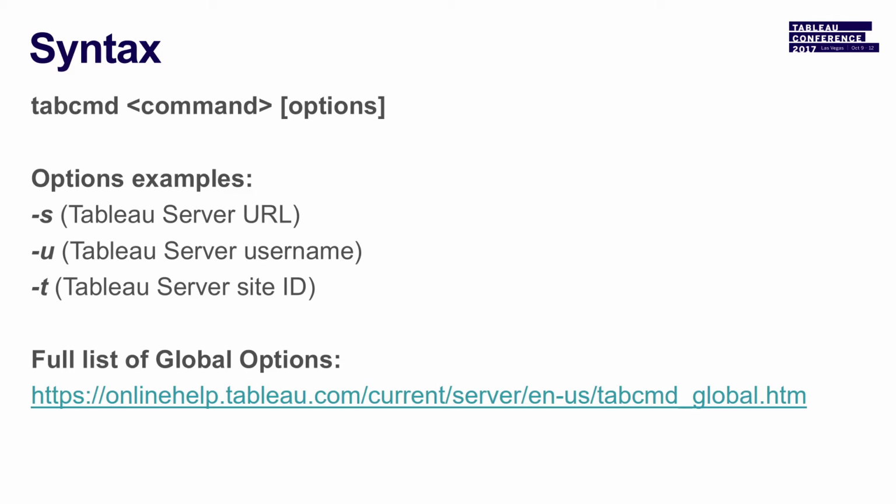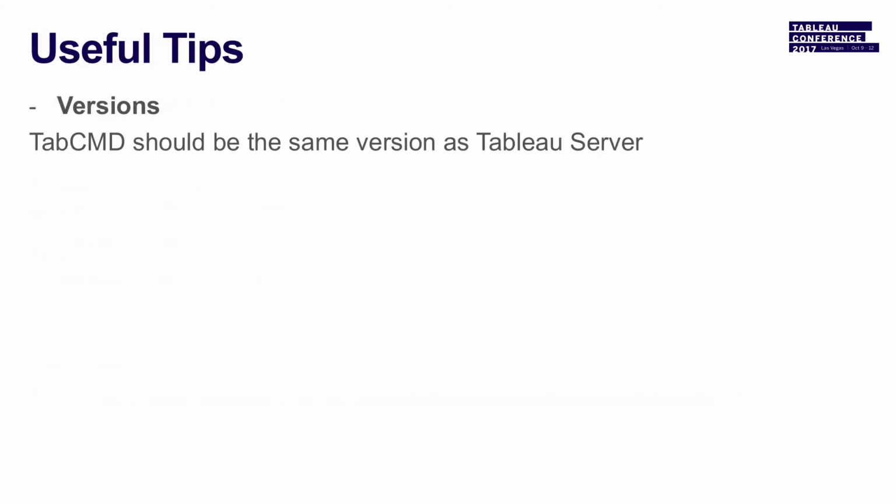A couple of useful tips that we ran into trouble with using Tabcmd ourselves, and we want you to avoid that. So versions are very important. If you use Tabcmd on a machine that is separate from Tableau server, it will mean that when you update Tableau server, your Tabcmd is not going to update on a different machine.